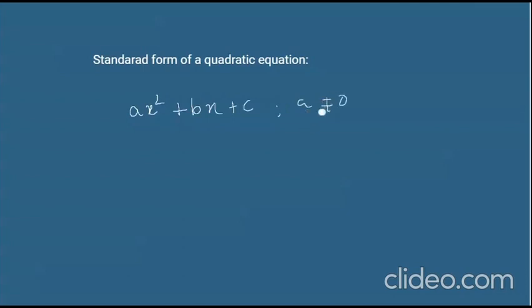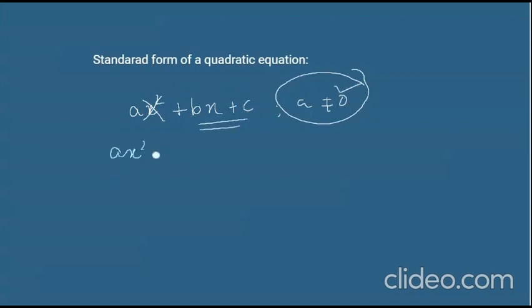Why should we write this condition a not equal to 0? This is very important, because if a is equal to 0, this entire term will get cancelled. Then the quadratic polynomial will reduce to a linear polynomial. So this condition is very important.